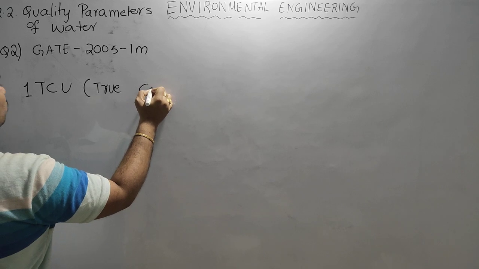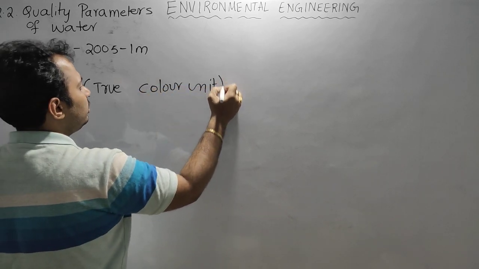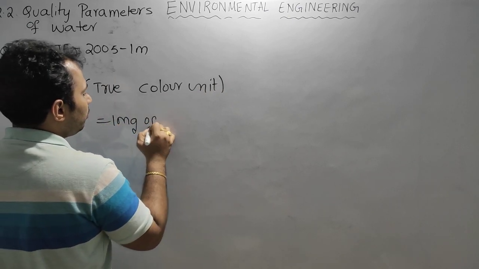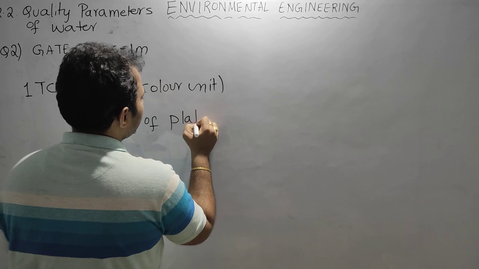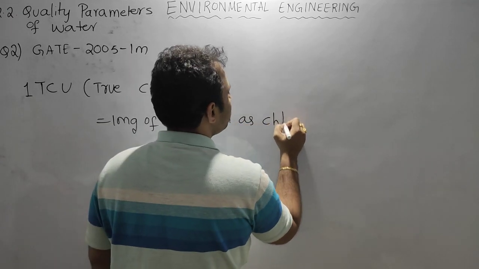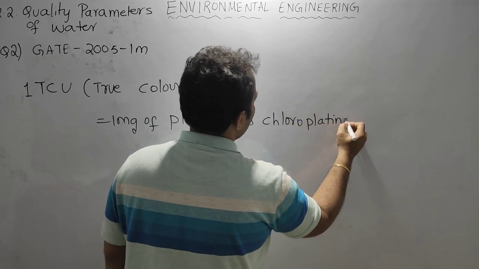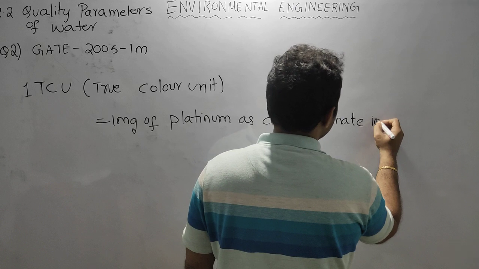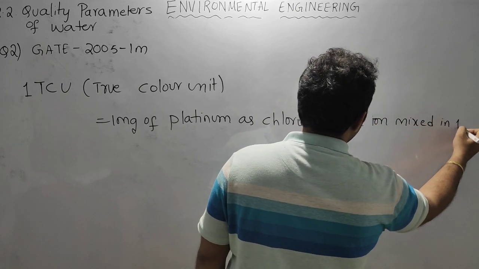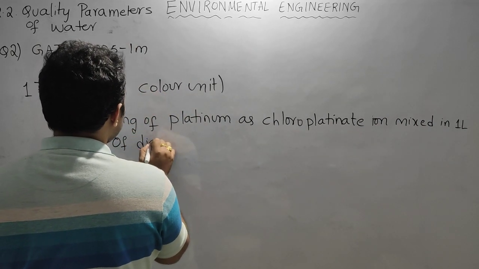1 true color unit is defined as 1 milligram of platinum as chloroplatinate ion mixed in 1 liter of distilled water.